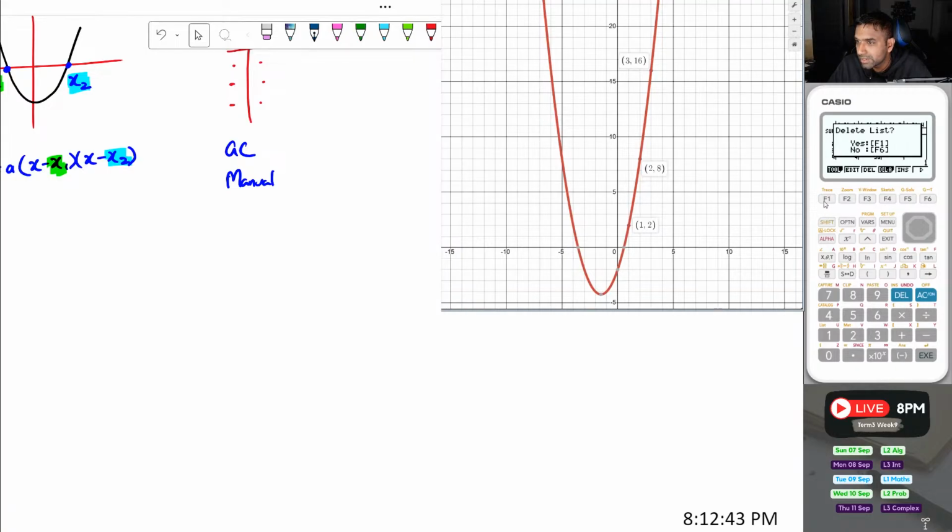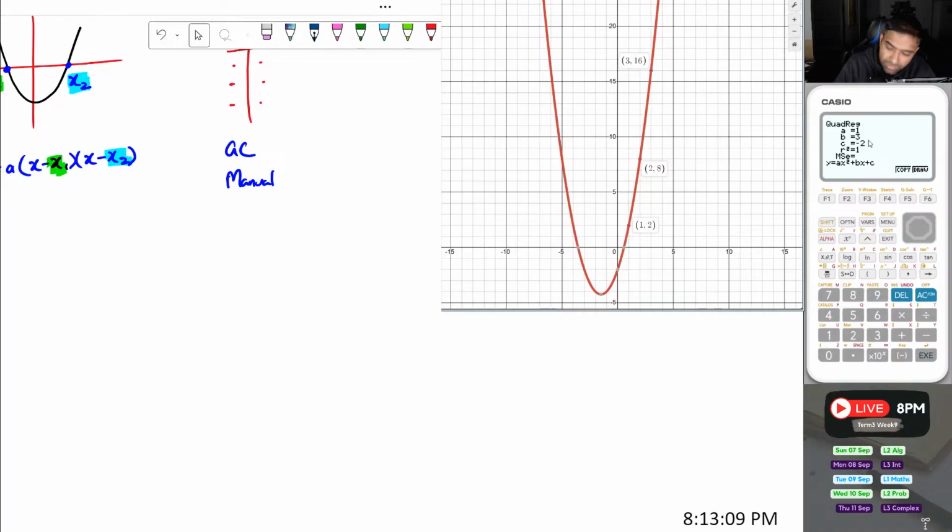I'm just going to delete everything for starters. I'll punch in the values, which are 1, 2, and 3, and then 2, 8, and 16. Once I do this, I can go to graph 1, calc, and x squared.